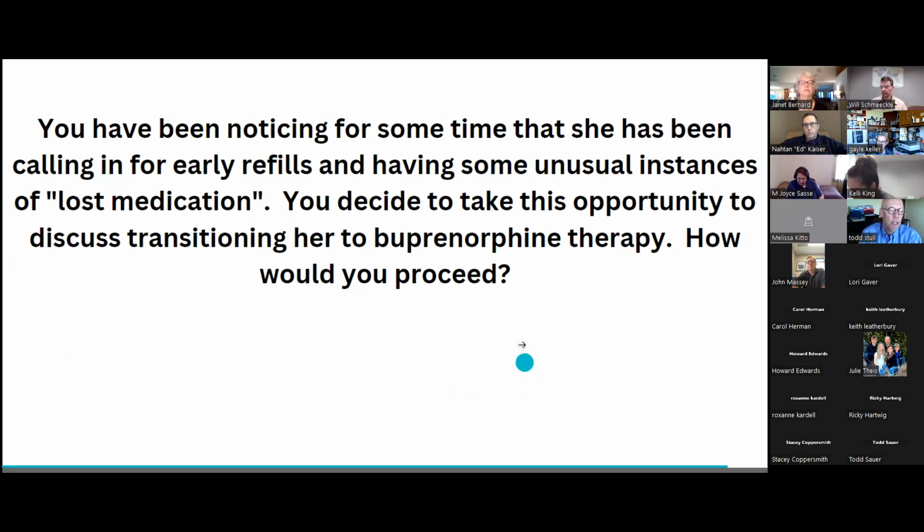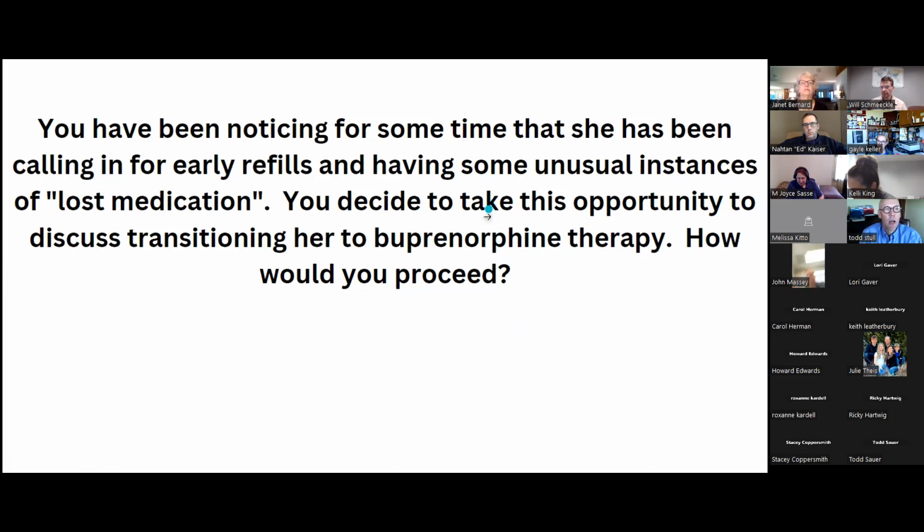We don't have great pharmacological options across the spectrum for substance use disorders, with the exception of the three things that can be used for opioid use disorder, primarily: buprenorphine, methadone, and naltrexone.